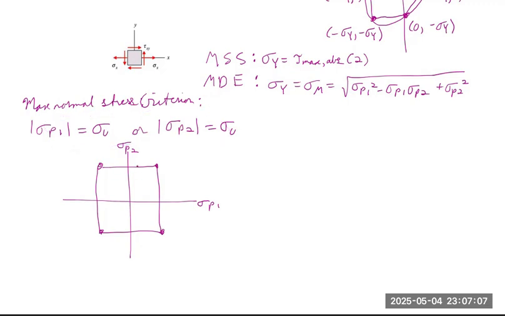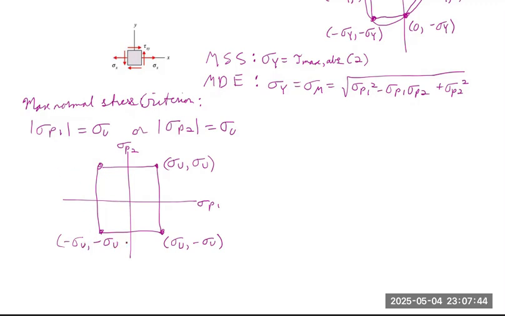At the far upper right corner, we have sigma u, the ultimate stress. And over here we have negative ultimate stress, negative sigma u, negative sigma u.